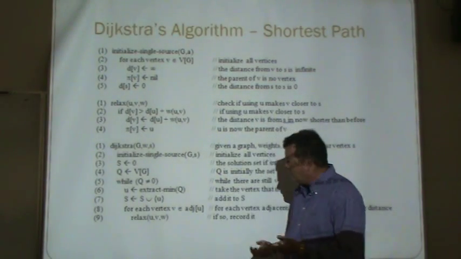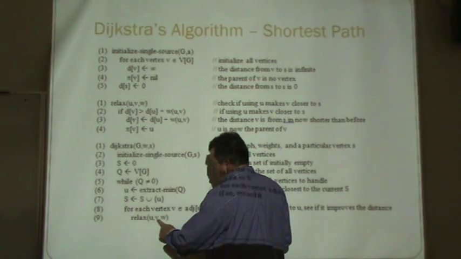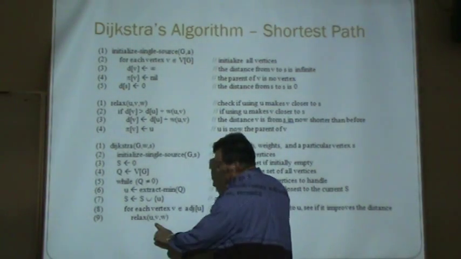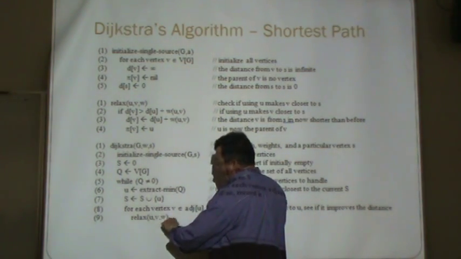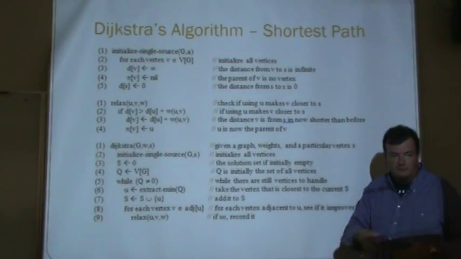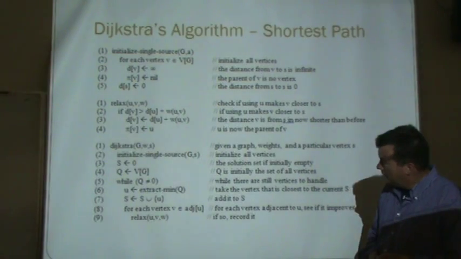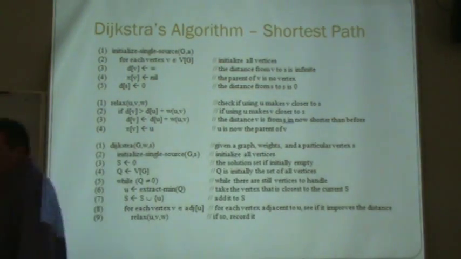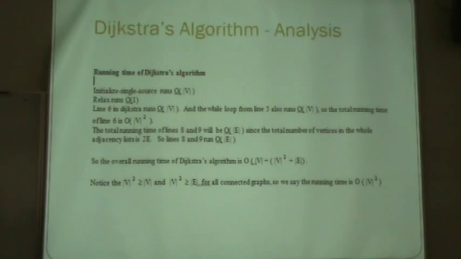Call relax and say, instead of going directly from S to U, could we go from S to V and V to U? Would that be an improvement? And if it's an improvement, we'll record the improvement. Okay, any questions about the algorithm? So we're going through the picture and then looking at the code that would walk us through the picture. Okay, so now we want to look at the running time of the algorithm.